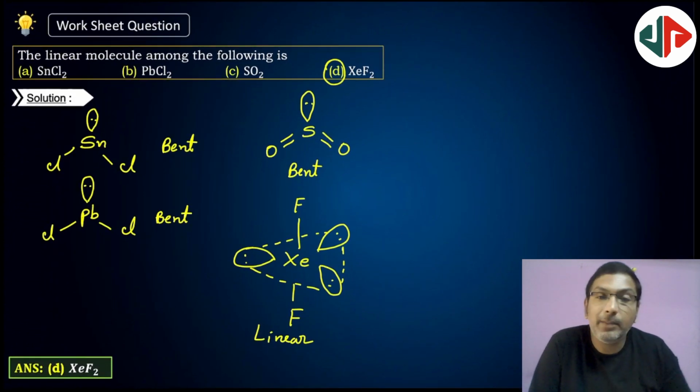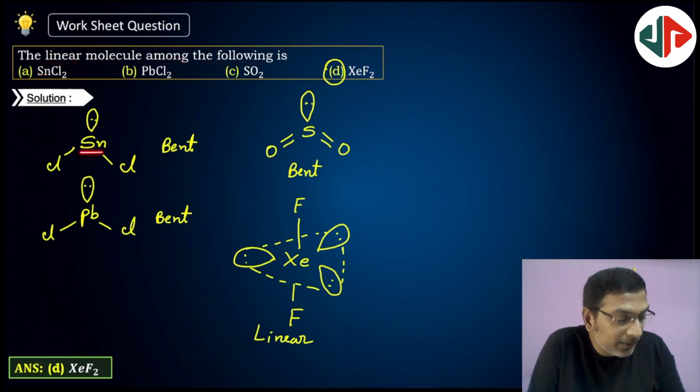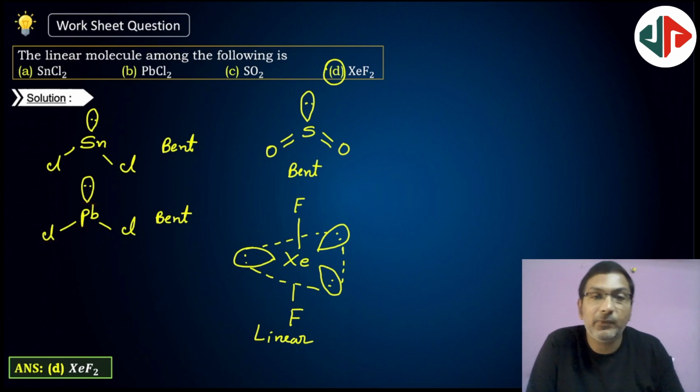Next. Which is the linear molecule among the following. Here SnCl2, bent shape with 2 bond pairs, 1 lone pair, bent. PbCl2 similar, 1 lone pair, 2 bond pairs, bent geometry, bent or angular or V shape. Next, SO2 similarly bent with 1 lone pair.